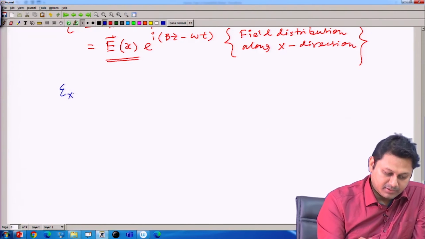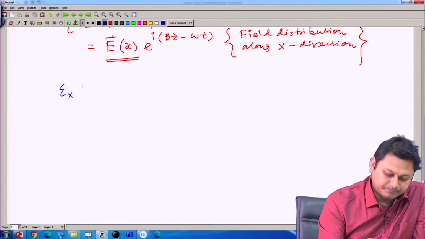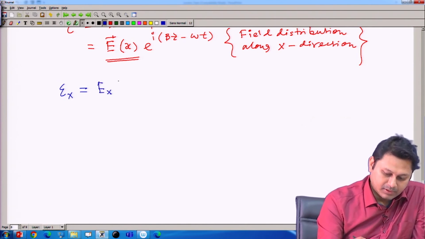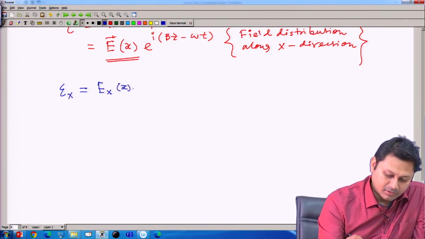The E x component will be E of x, as a function of x, e to the power of i, because this is a scalar quantity, omega t.